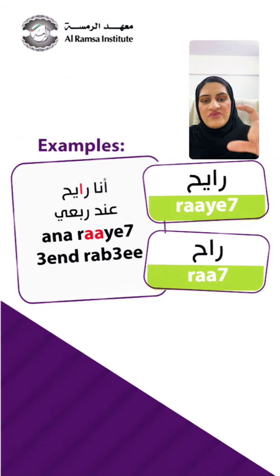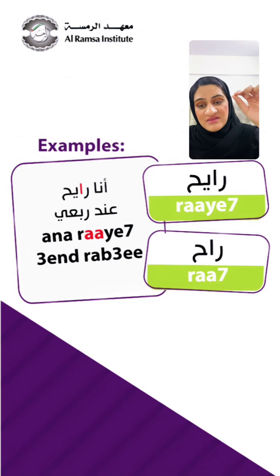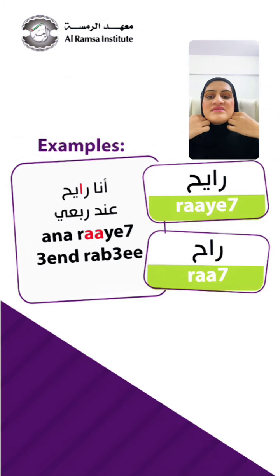You will see the verb on the right side, the one with the green highlight: راح is the past tense. رايح is the doer form, the اسم فاعل. Very good. All of you are answering correctly. It means I'm going to my friends.